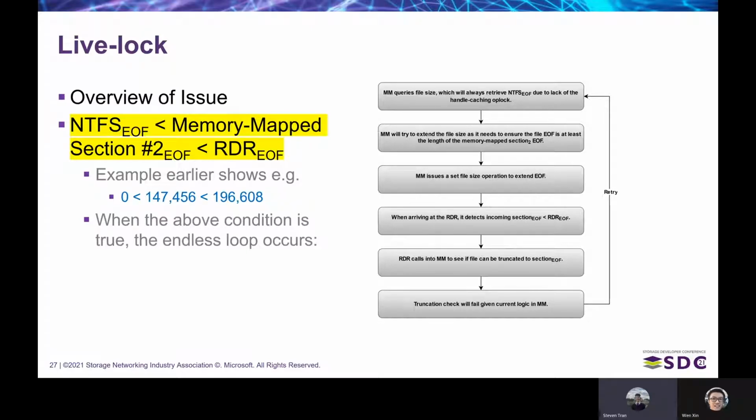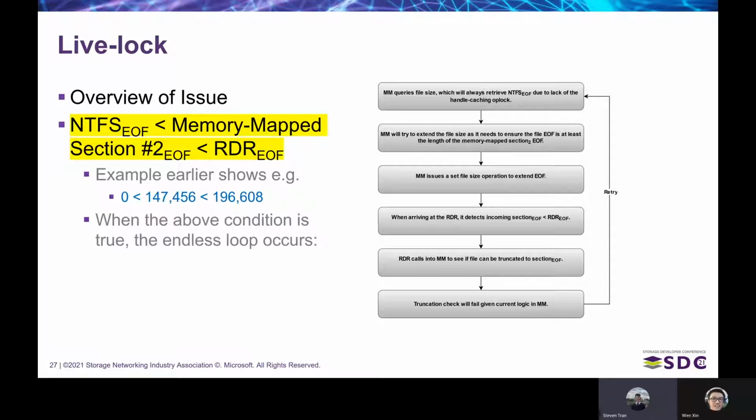Essentially, without going into too many internal details, the Livelock is happening because of the highlighted condition that is currently being satisfied. The start of this Livelock begins with the memory manager querying the file size, which will always give us back the NTFS end of file, or end of file 2 in the example earlier, or 0, due to the lack of the read caching oplock on client number 1.